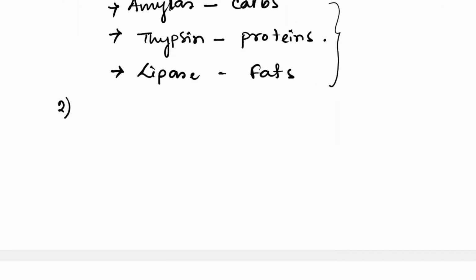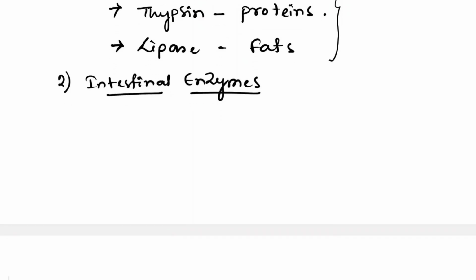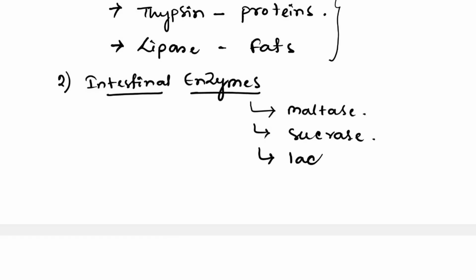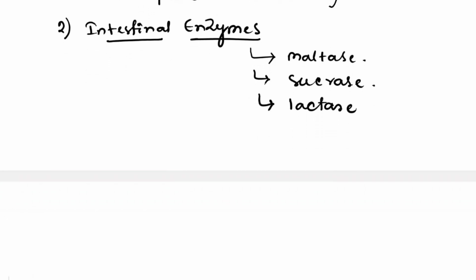Next it will come as intestinal enzymes. Intestinal enzymes. In that what will be there? Three are there. First one is maltase, then sucrase, and next one is lactase. Maltase, sucrase and lactase.